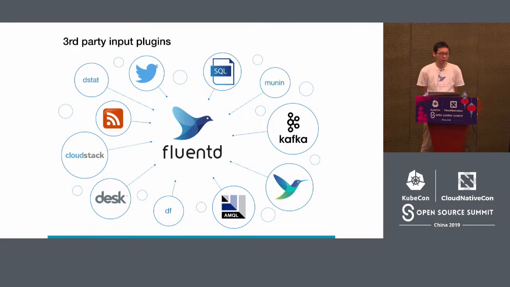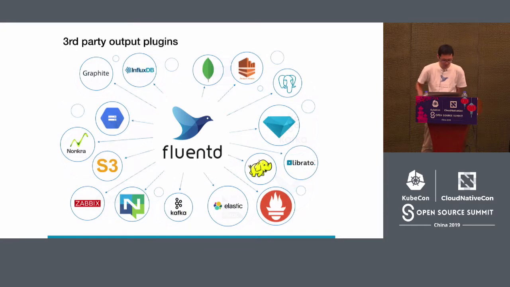Fluentd can consume data from Kafka or collect data from an HTTP endpoint. For output plugins, the community has lots of them because there are lots of destinations, such as MongoDB, Prometheus, Elasticsearch, Kafka, or more.